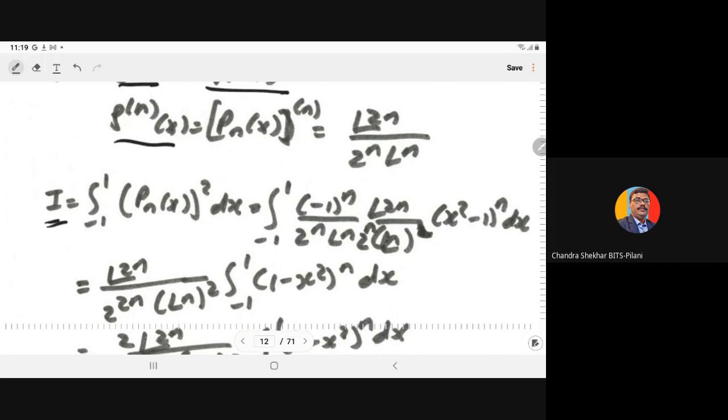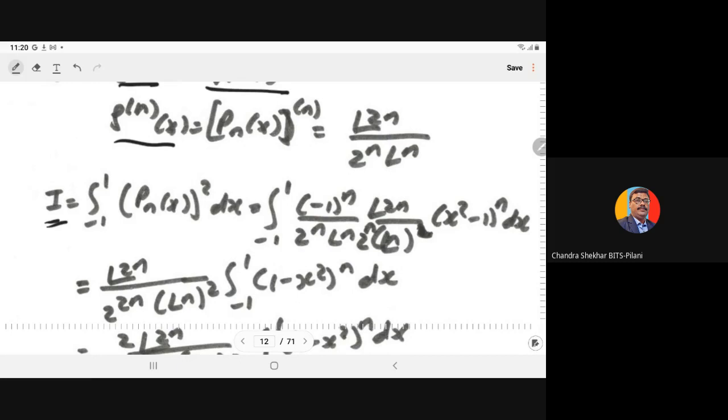This is already there. Now the nth derivative of Pn(x) we can write as factorial 2n upon 2 to power n factorial of n whole square, x square minus 1 power n into dx.